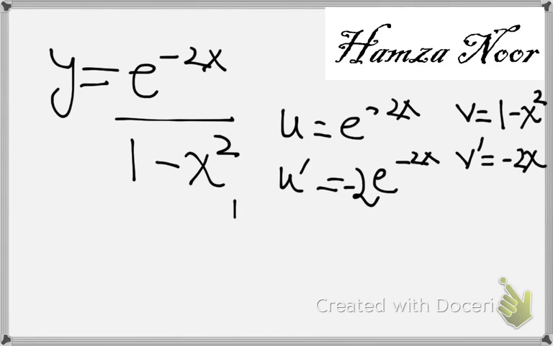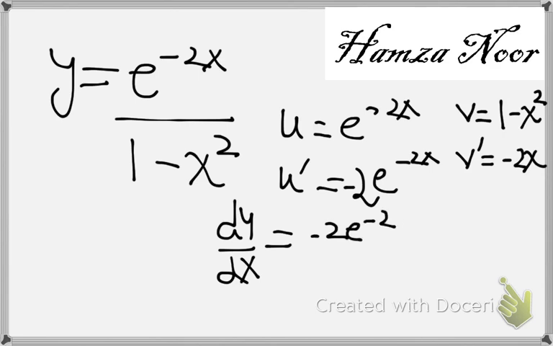What is the dy over dx function? Okay, vu dash means minus 2e to the power minus 2x multiplied by 1 minus x squared, minus 2x, the space is a little bit left, e to the power minus 2x.